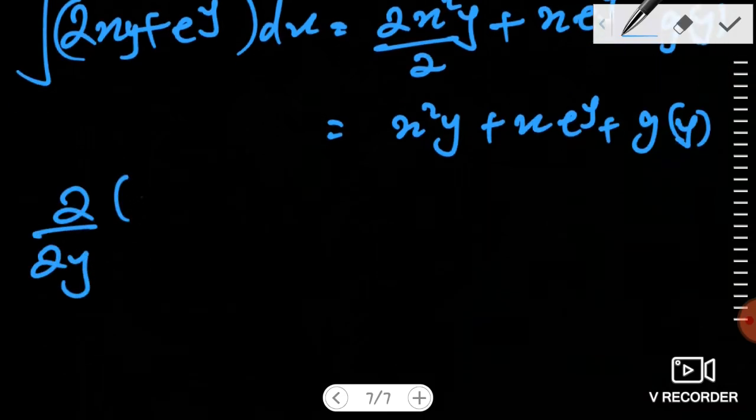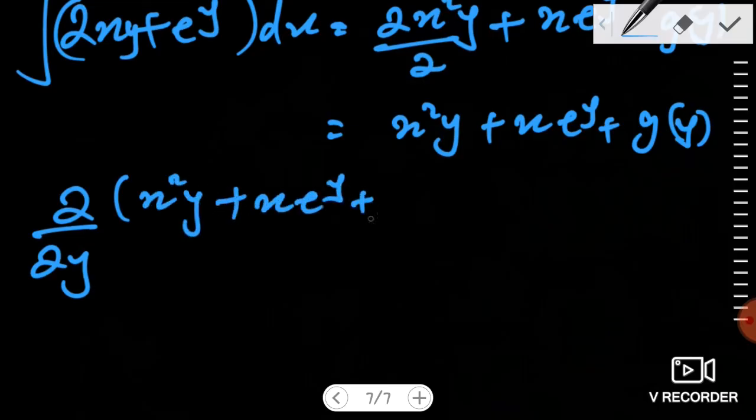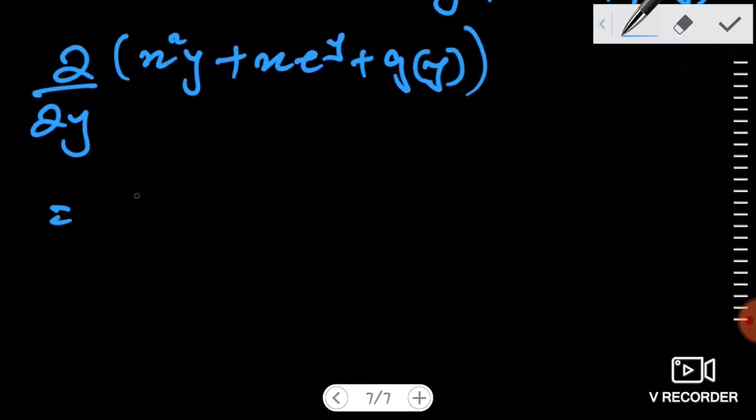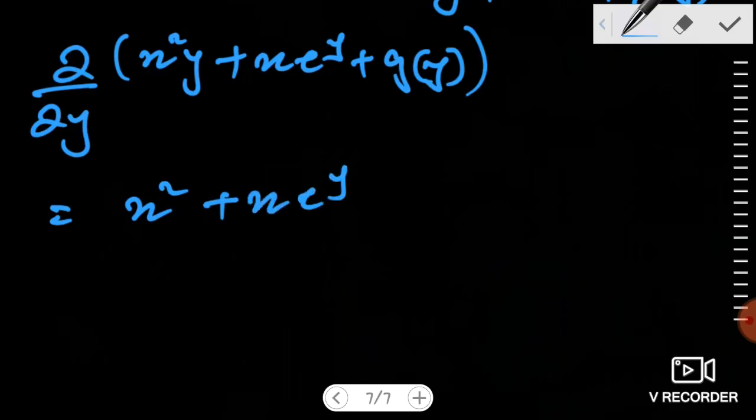If you differentiate this with respect to y, you are going to have x squared, plus x e^y, plus d prime of y, right?